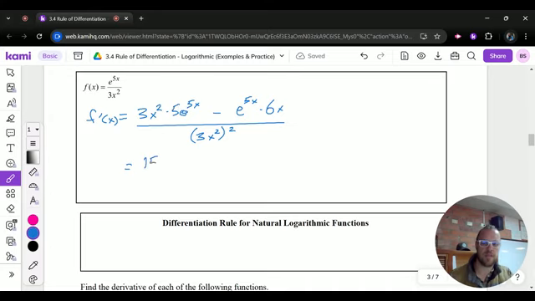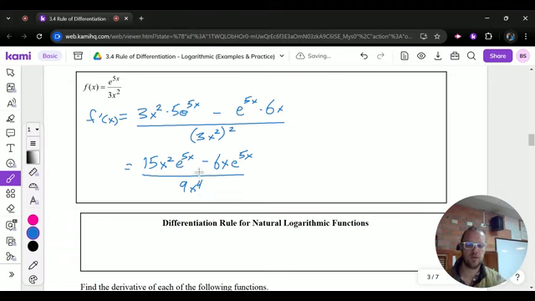So here we've got a 15x squared e to the 5x, and I'm just combining my coefficients here. We're going to put the coefficient first, just because that's how we're used to seeing it. And then, of course, this one, if we square it, is going to be 9x to the 4th. But you'll notice I can take a 3 out of every single one of those coefficients, so I'm going to do that and get 5.